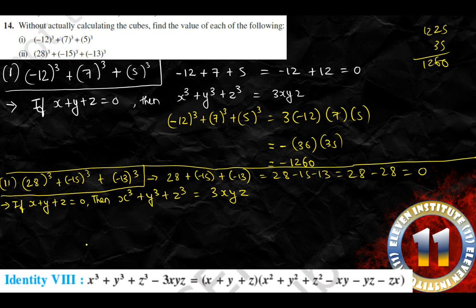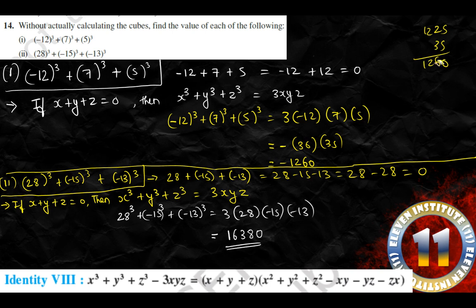So here I can write 28 cube plus minus 15 cube plus minus 13 cube is equal to 3 into 28 into minus 15 into minus 13. So now we can see minus minus we get plus, and when you multiply all these three numbers we get the answer as 16380. Right, I hope this is very much clear to you.